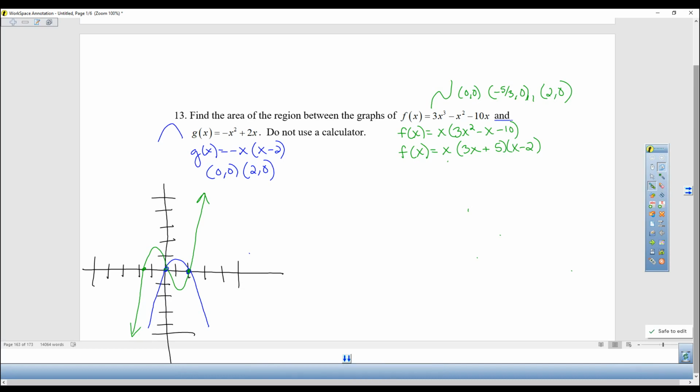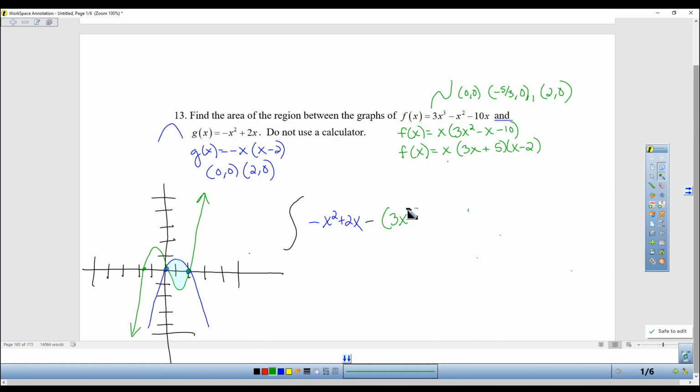So I see the region that I want, and I can highlight it there. And I can find that integral. It's very straightforward. It's going to be the top curve, which in this case is the blue one, our parabola, negative x squared plus 2x, minus the bottom one, which is our cubic function, f of x.